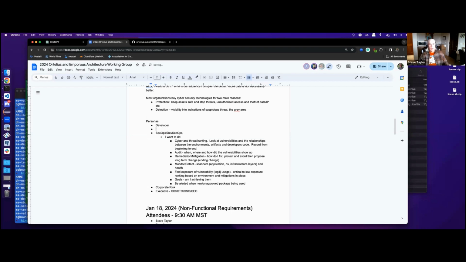Yeah, we don't really have an SRE. Yeah, I mean, it's related in the way that availability can be affected by security vulnerabilities. Yeah, I just kind of threw those out there.